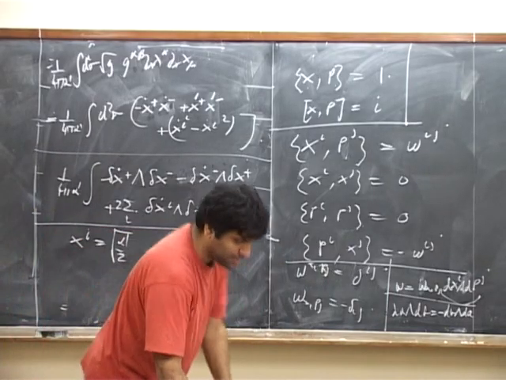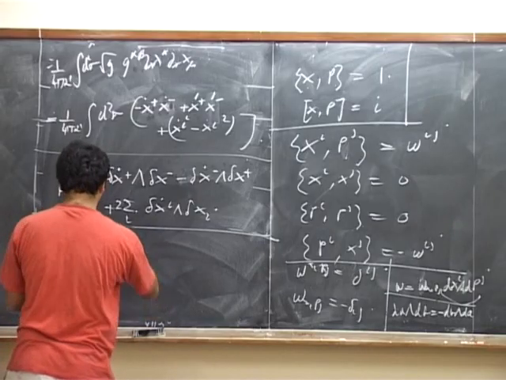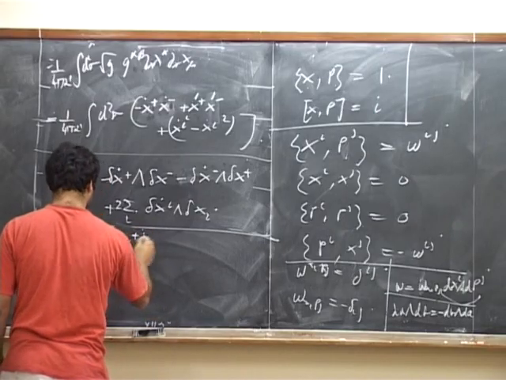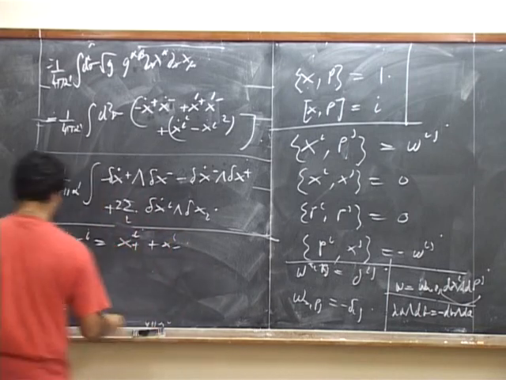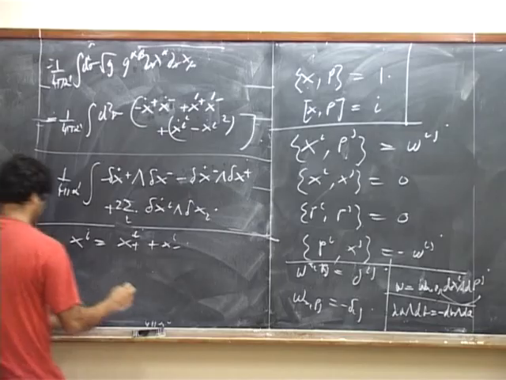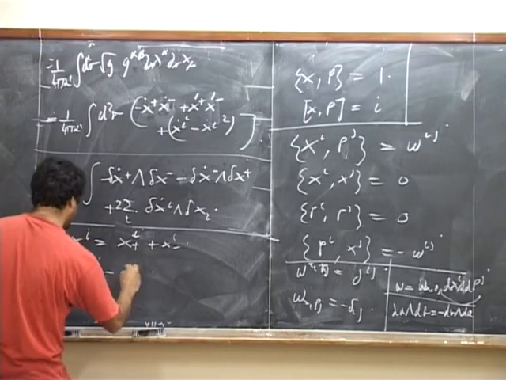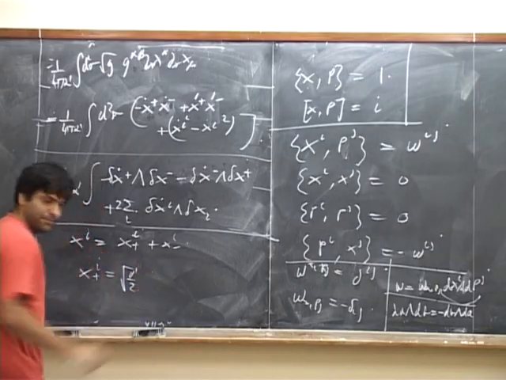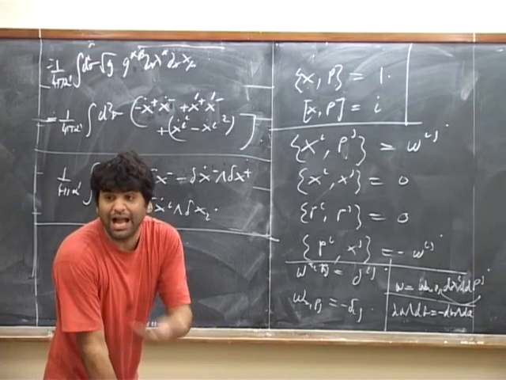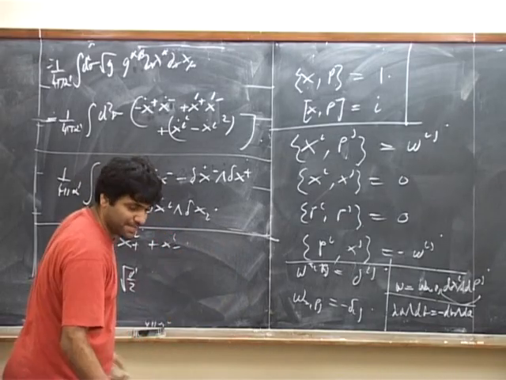Xi is equal to x plus I, xi plus xi minus, where xi plus is equal to the sum of alpha prime by 2, an arbitrary function of x plus, so that it respects periodicities.